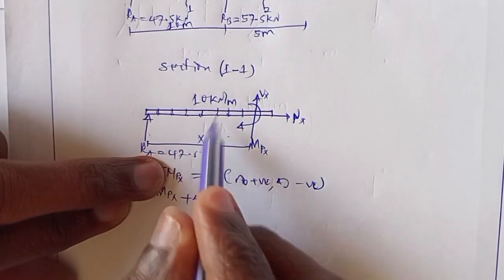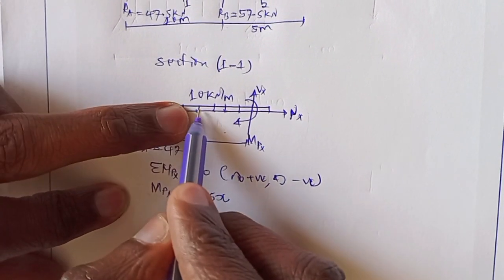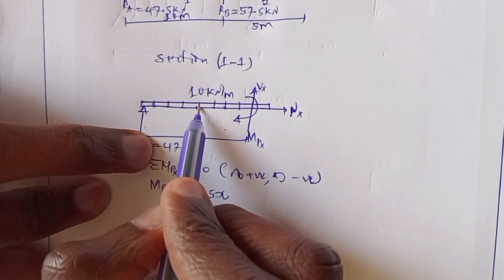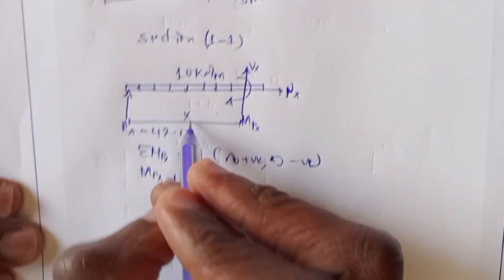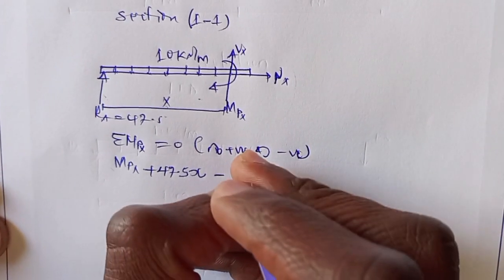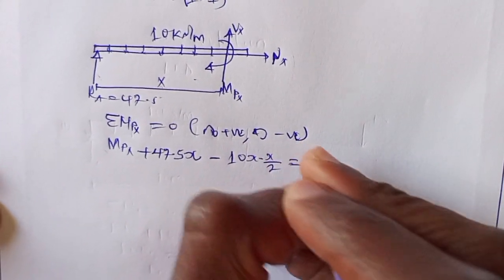To obtain the point load at this point it will be 10 times x, times the perpendicular distance, which is x over 2. So it will be 10x times x over 2, equal to 0.